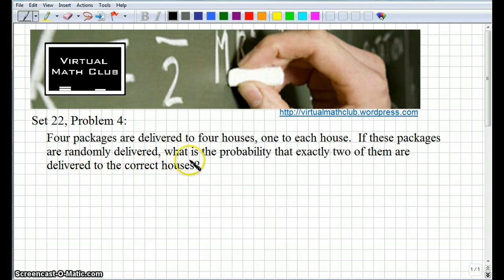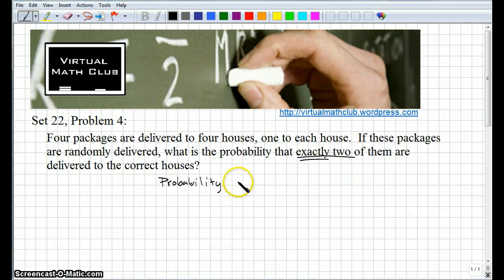All right. So the question is, what is the probability that exactly 2, that's important, exactly 2 of them are delivered to the correct houses? All right, we're dealing with probability, so what's probability?